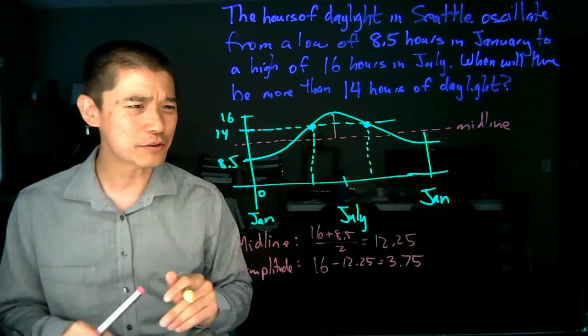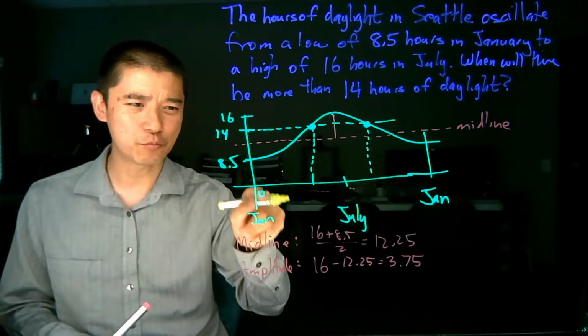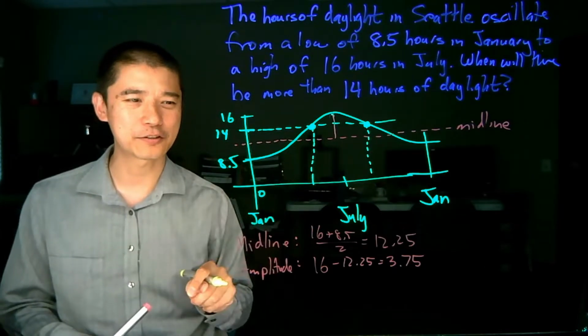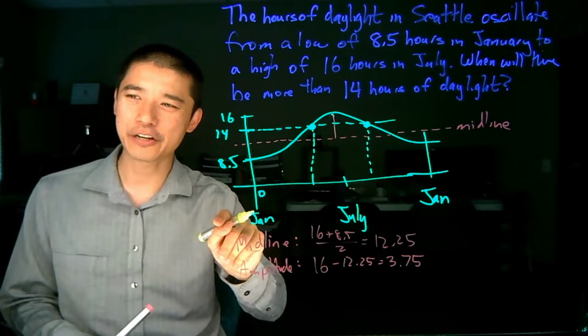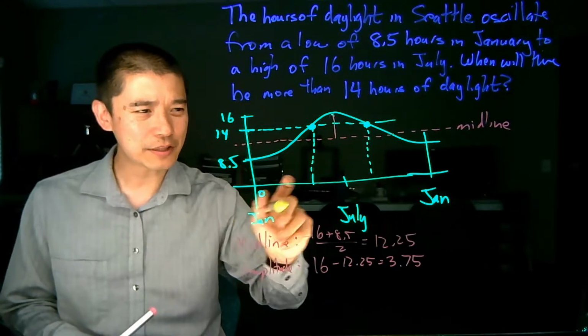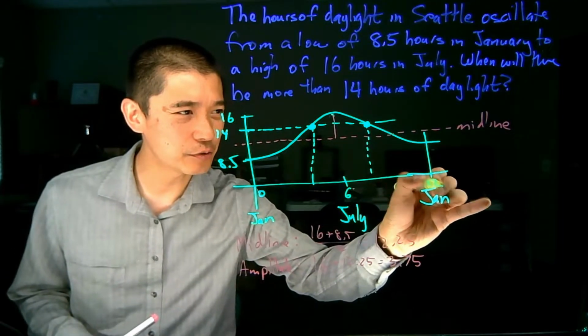But that's not quite how this works. If January is 0, then February is 1, and March is 2. So everything's offset by 1 in order to get this to start at 0. If we did start with January equal to 1, then there would be a horizontal shift term that we'd have to deal with. But as we've got things set up, July actually is going to be 6, and then the next January will be 12.